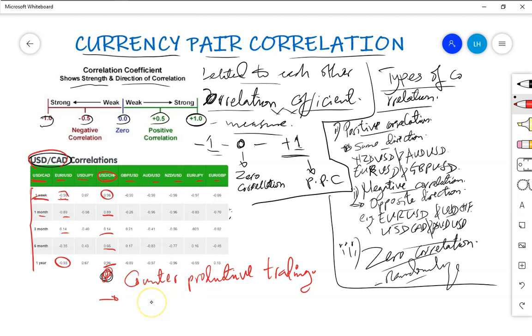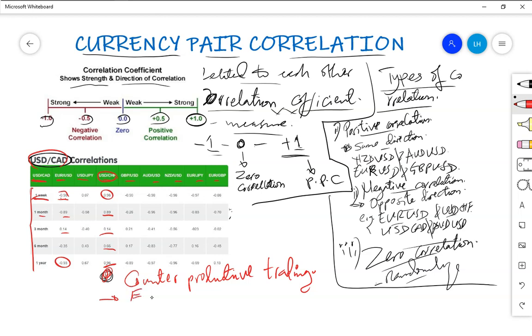If you are trading 2 currency pairs with negative correlation, and you open 2 positions with the same lot size in the same direction, for example, you are going short, selling EURUSD.